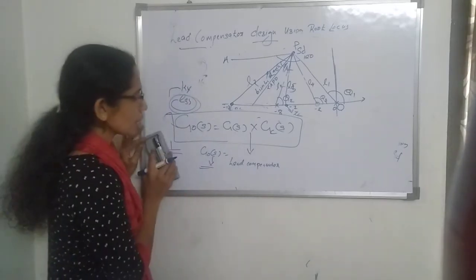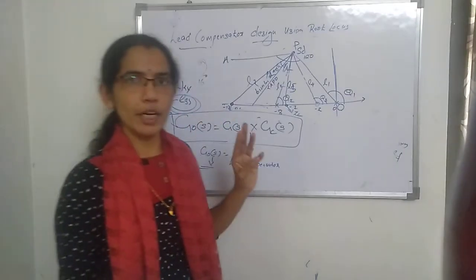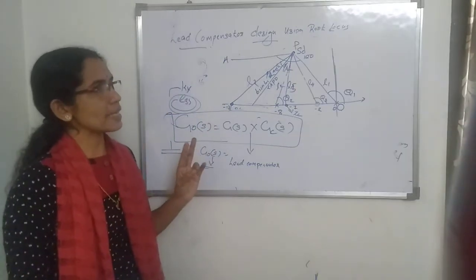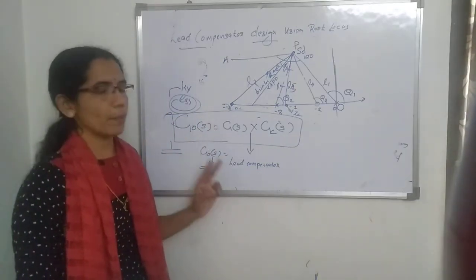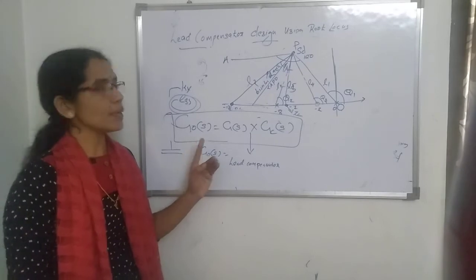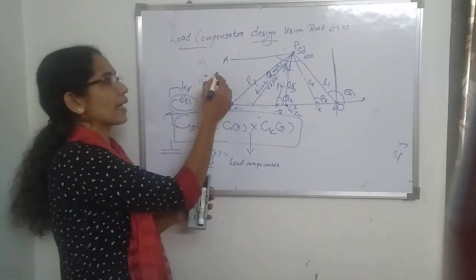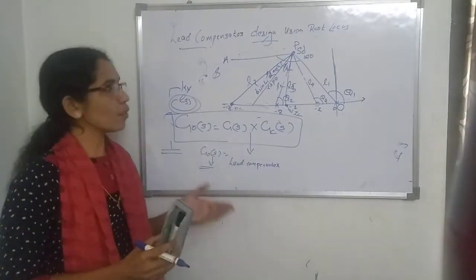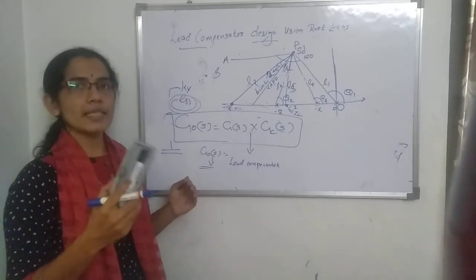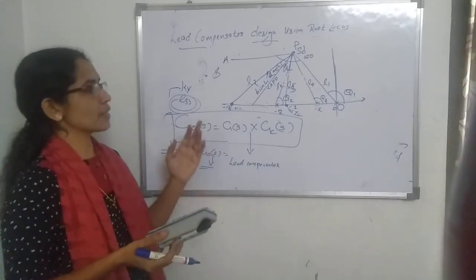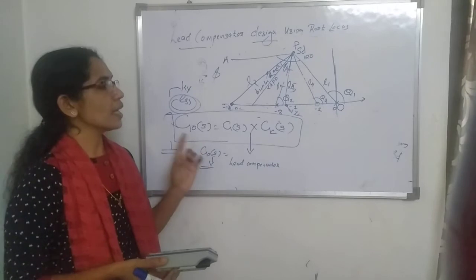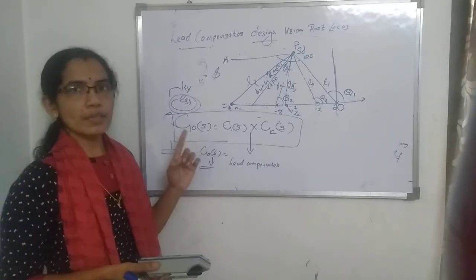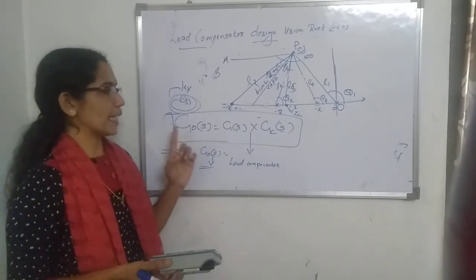Initially we need to find the dominant pole SD. Second step, mark the poles and zeros of the uncompensated system. Third step, find the lead angle phi. And the fourth step, find the poles and zeros by using the bisector method. From the poles and zeros we get the transfer function of the lead compensator.